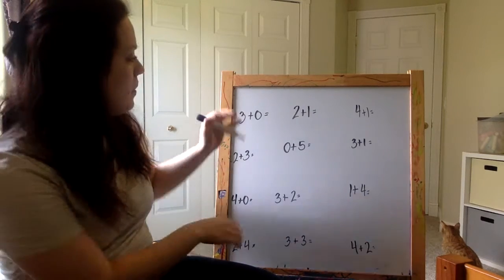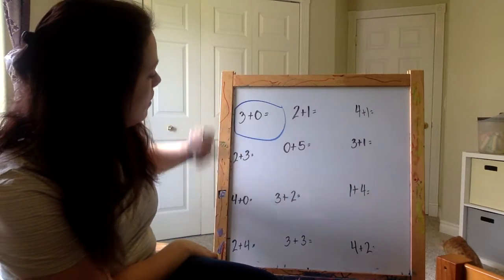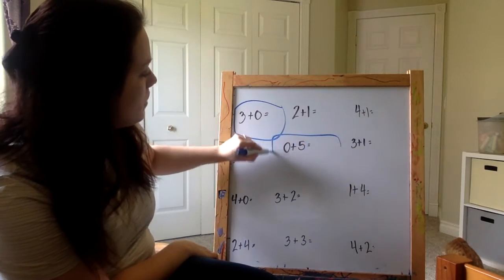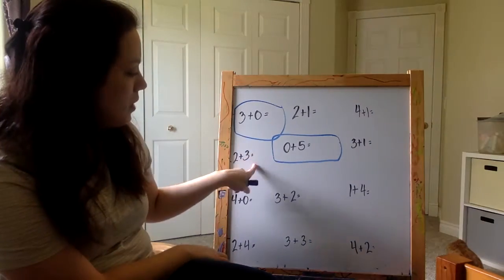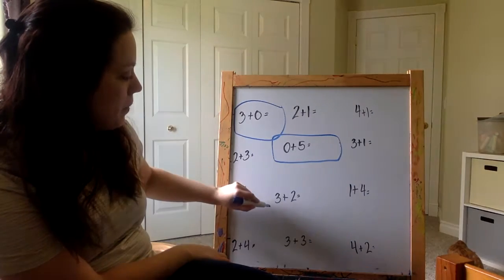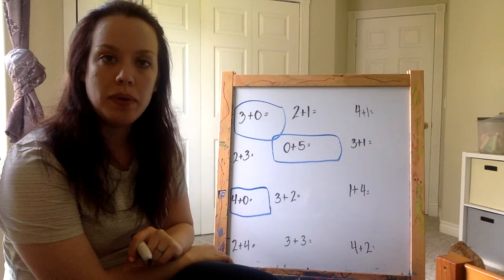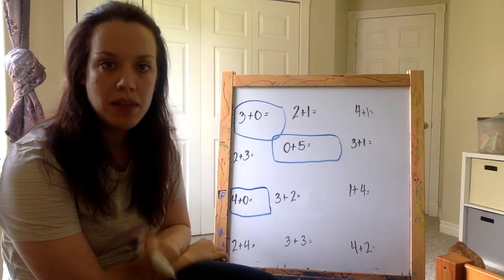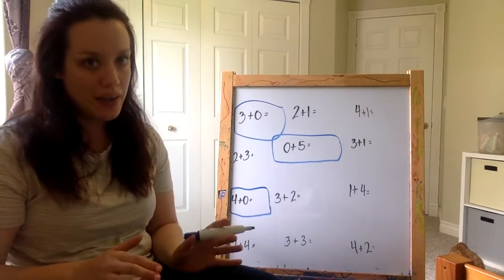If you remember that we practiced adding 0, that was one of our strategies from last week. Remember, when we look at an addition problem paper, we don't have to go in order. We can start anywhere we want. So I'm going to start by circling all of the problems that have a 0 in them. Because remember, when you add 0, you're adding nothing.